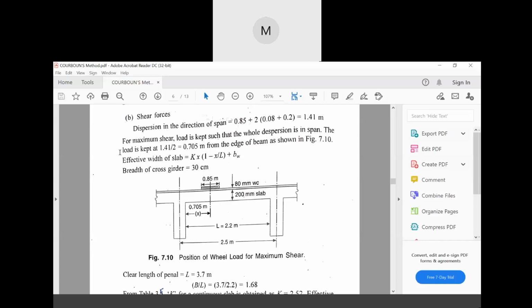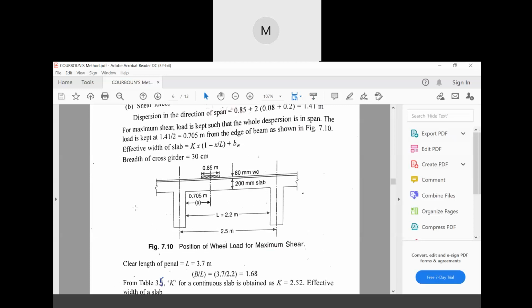Now, if you see here, we'll find out the breadth of the cross girder.